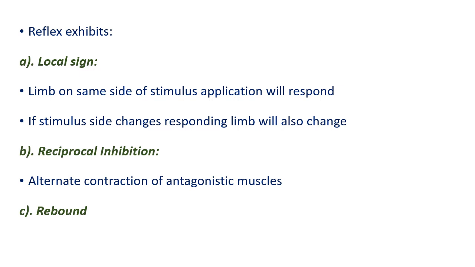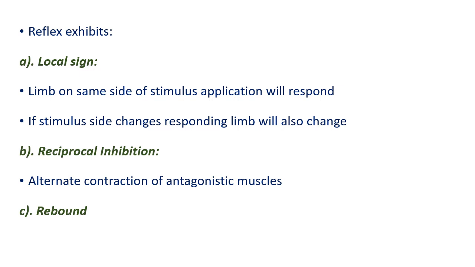Let us take an example: flexion will occur, then extension, flexion, then extension. When flexion occurs, extension is inhibited; then extension occurs, flexion is inhibited. So there is oscillation of these antagonistic contractions without depending upon feedback impulses from the muscles or joint. So reciprocal inhibition is an important property of this scratch reflex.